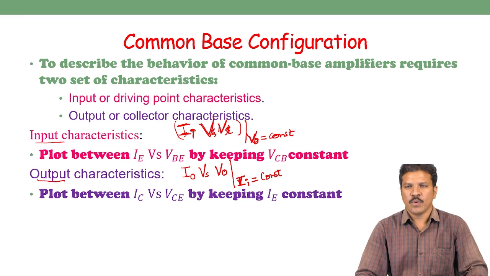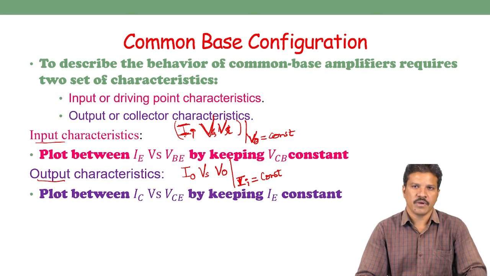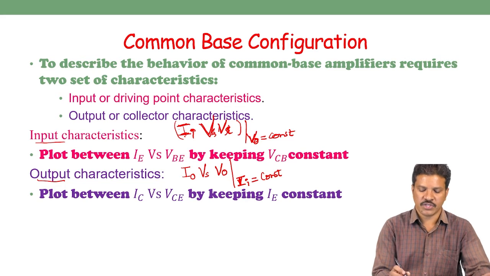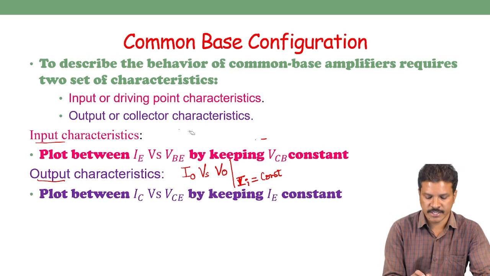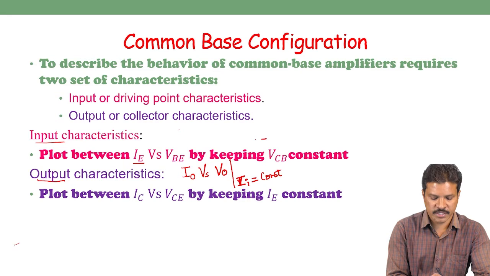Now this general definition of input and output characteristics can be applied to the common base configuration. What is input current here? Input current is IE, because in the transistor symbol for common base, the base is connected to ground.